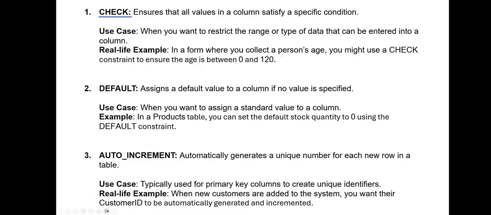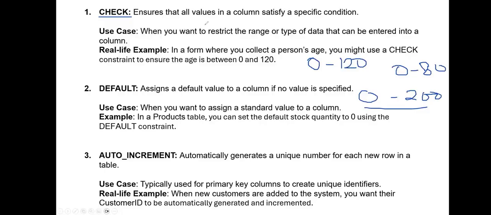In a check constraint, you can restrict the range. So if the age column is there, I can restrict the range from 0 to 120. Right. I can make the range between 0 to 80. If the speed is there or the weight is there, I can make the range from 0 to 200. So this is your check constraint. You can restrict the range of the type of data that can be entered in the column.